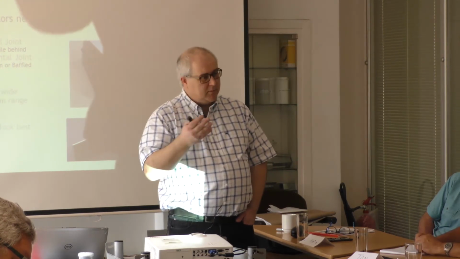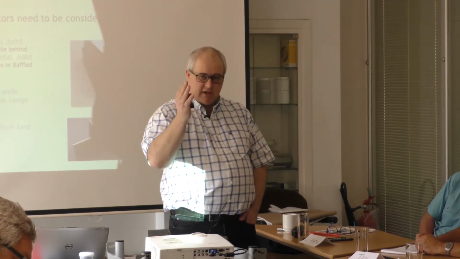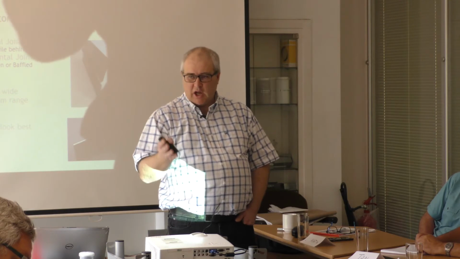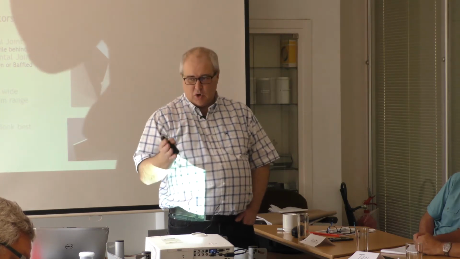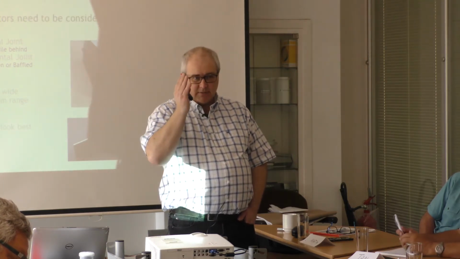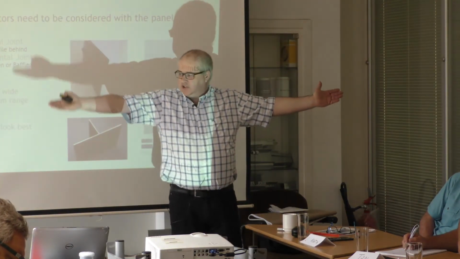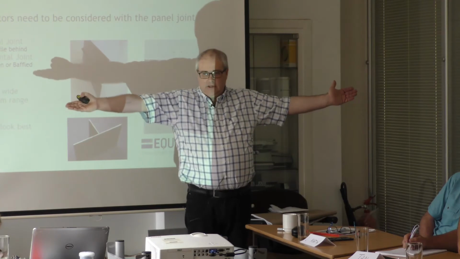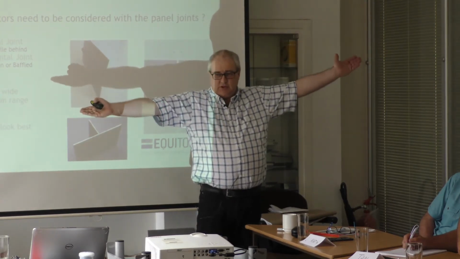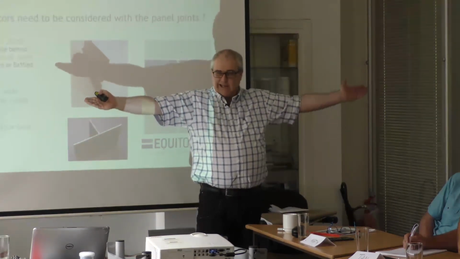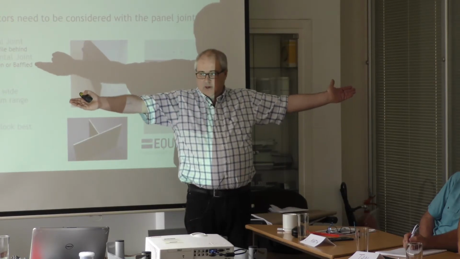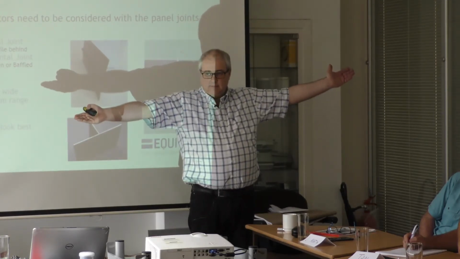But using a 10 millimeter joint makes your life easier as it builds more tolerance into fixing the panels on the wall. Because if you imagine you had a long panel running this way, and on this side you had 9 millimeters, and on this side you had 11 millimeters, it's a lot less noticeable than if you had 7 and 9.